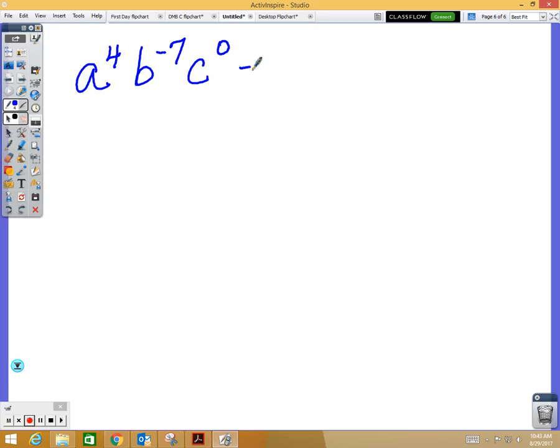So since a is positive, does it go on top or bottom? Do I have to do anything with a? It doesn't need to change, correct? A to the 4th doesn't need to change, does it? So it stays on top. B needs to change. B has a negative 7. So if I move it to the bottom, it becomes a positive 7.